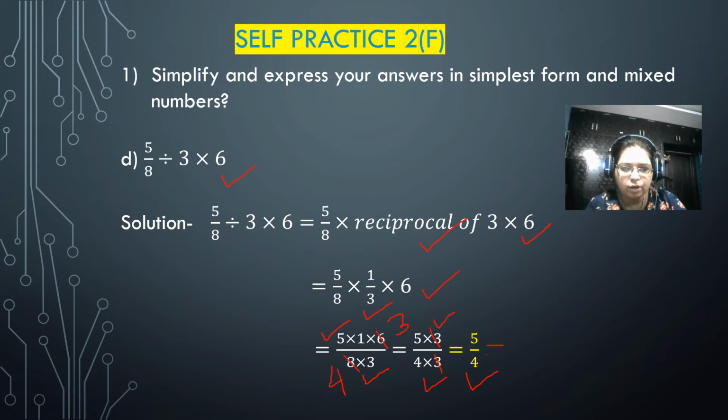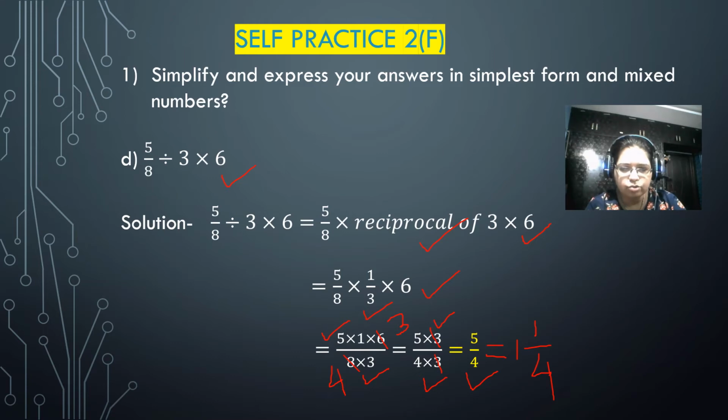And we know 4 multiplied with 1 plus 1 is 5. 4 multiplied with 1 is 4. 4 plus 1 is 5. And 1 is the quotient and 1 is the remainder. So we get 4. Now we get 5 divided by 4 equal to 1, 1 divided by 4.